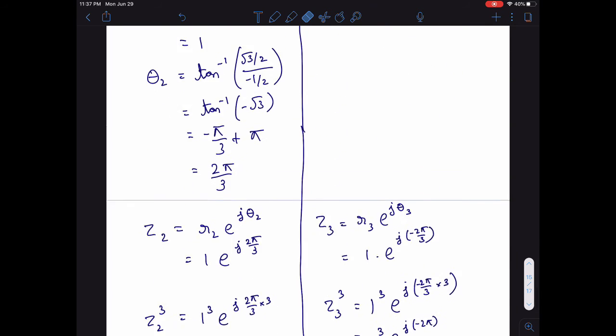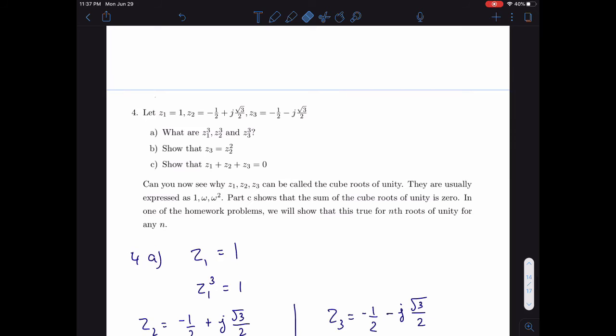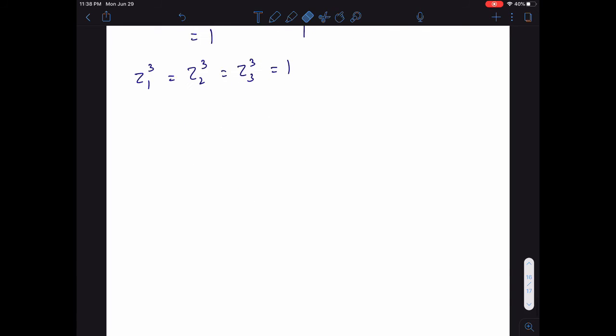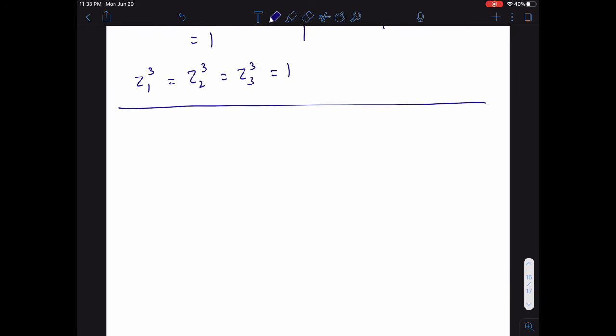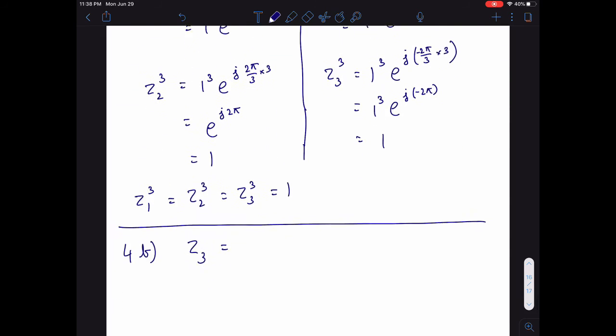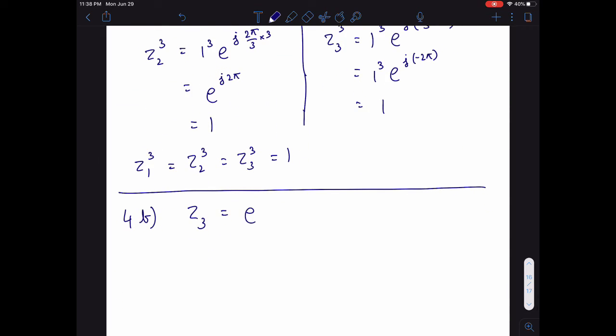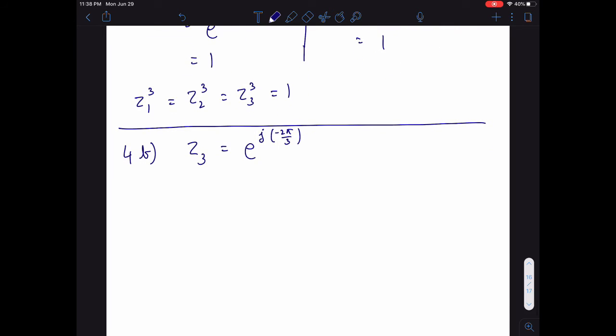Let us now look at the second part of the question, which asks us to show that z3 is equal to z2 squared. So z3 here would just be e power j minus 2 pi by 3, and as it is polar coordinates, we can also add 2 pi angle and it wouldn't change the complex number.